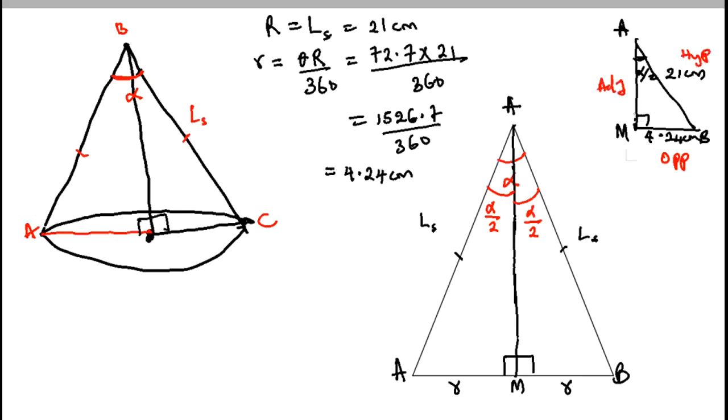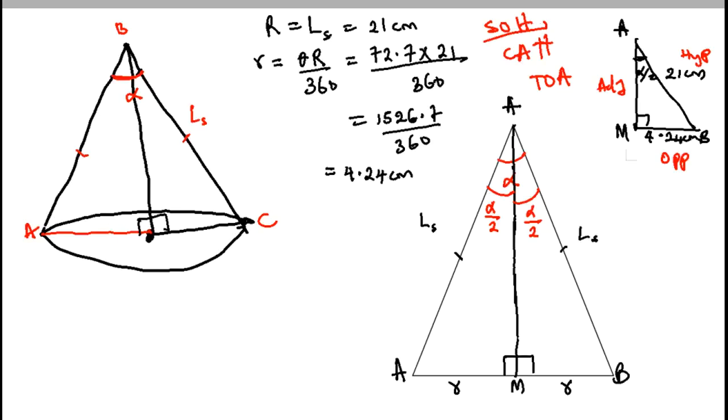I have nothing to do with the adjacent. We only need the opposite and the hypotenuse. From SOHCAHTOA, opposite and hypotenuse, I'm going to use sine only.